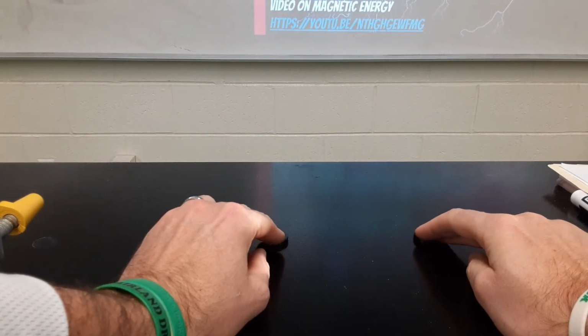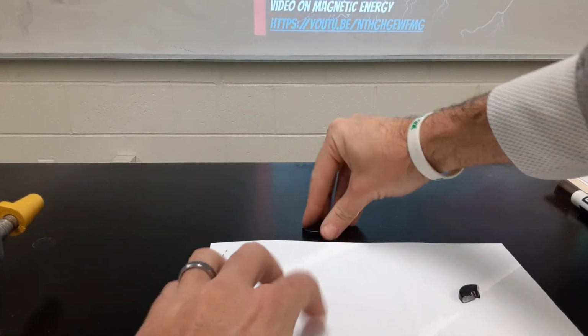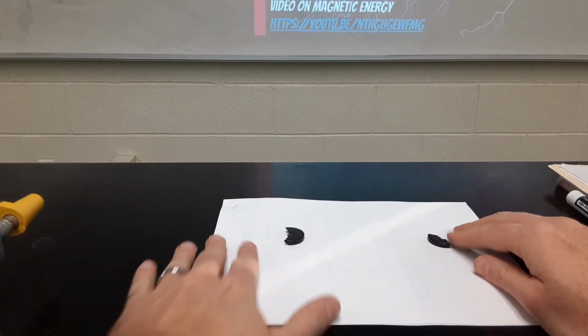Okay. So you can see I have my two magnets up there. They're hard to see. Let's put them on some white paper. There we go. That's a little bit better.